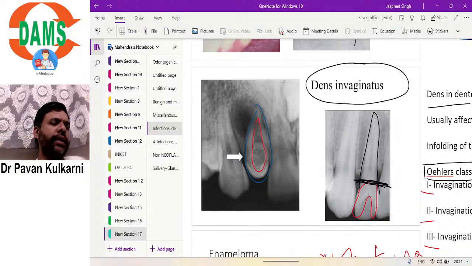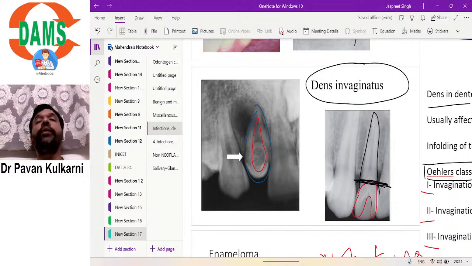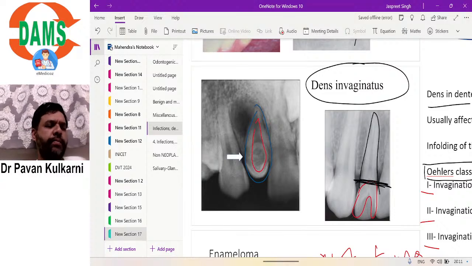That is your dens invaginatus. It is also known as the tooth within tooth appearance.